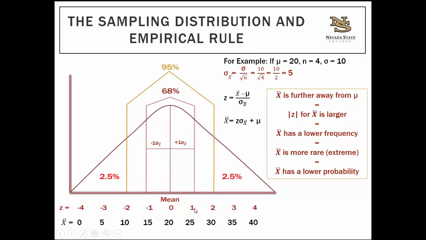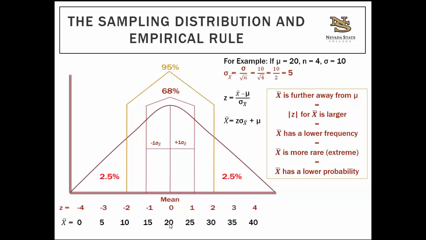Because 25 is one standard error above the population mean, 30 is 2 standard errors above the population mean. And as you go 5 points, or 1 standard error, below the population mean, your z-score decreases by 1 point. So 15 is 1 standard error, or 5 points, below the population mean of 20.